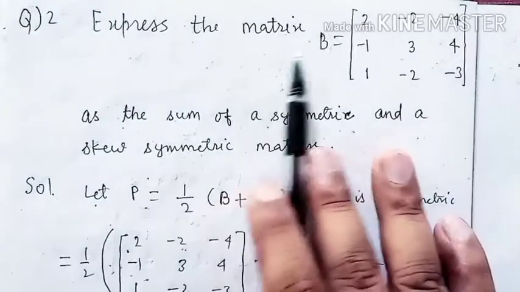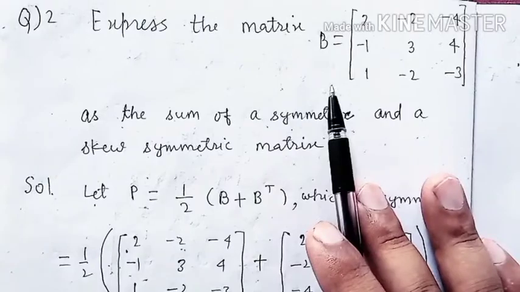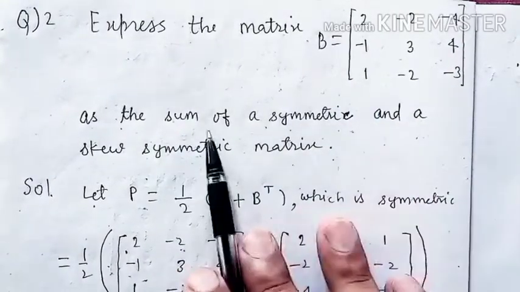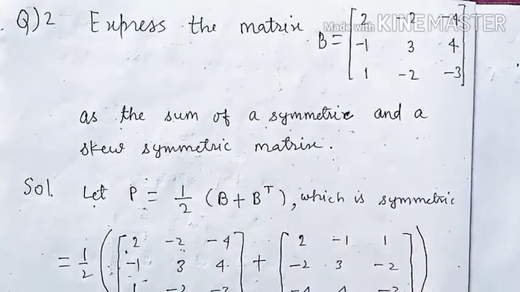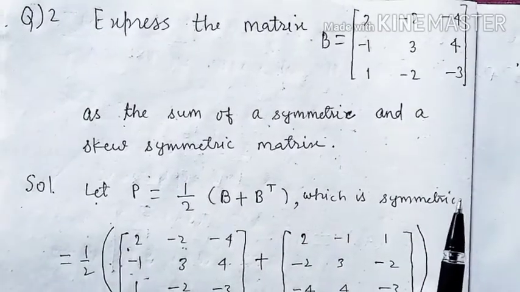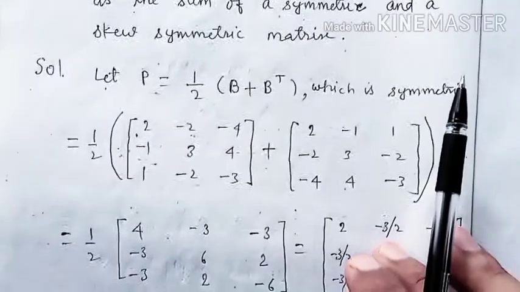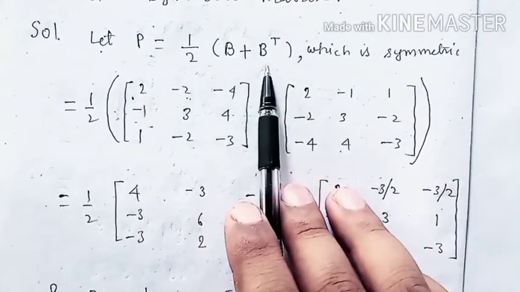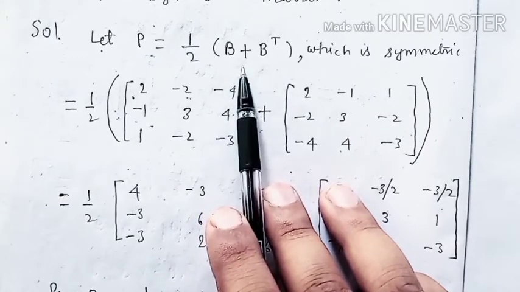Express the matrix B. This is a square matrix. We have to express it as the sum of a symmetric and a skew symmetric matrix. What to do? We suppose P is equal to half of B plus B transpose, because we know that this is symmetric.